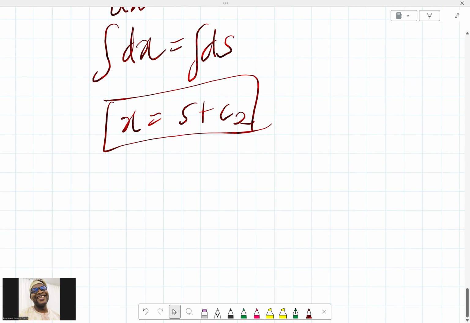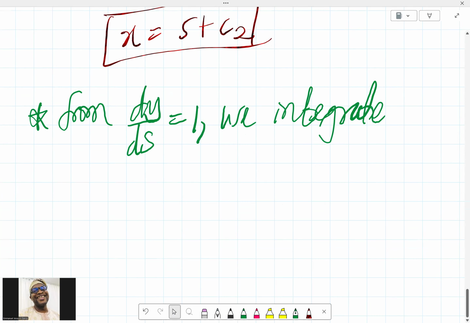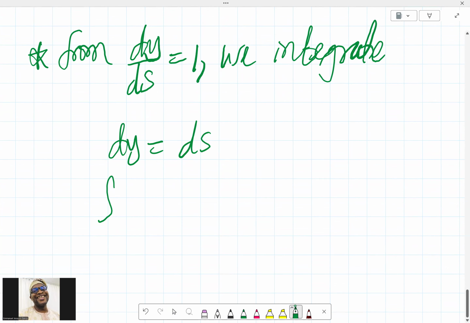Moving on, from dy ds equals 1 again, we integrate: dy equals ds, so the integral of dy equals the integral of ds.